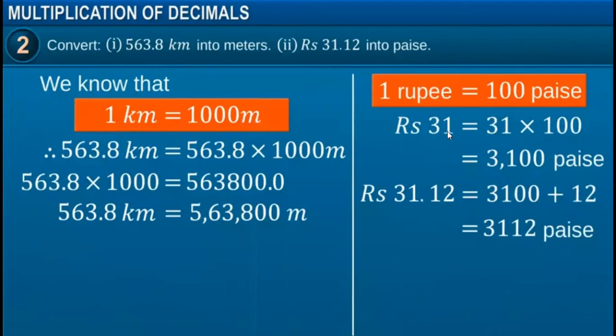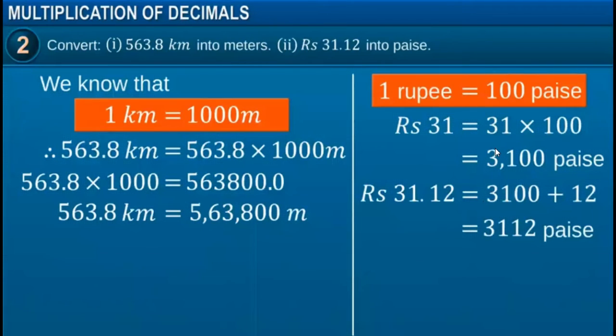So 31 rupees will be 31 into 100. Now 31 into 100 means we are just adding 2 zeros, so it will be 3,100 paise. Now 31.12 rupees will be equal to 3,100 plus 12, which is already in paise, so we are just adding and we get 3,112. Okay, so you can write this one also.